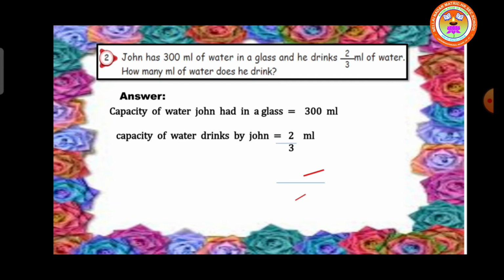Now we are going to find out how many ml of water John drinks. So 2 by 3 into 300 ml. See the cancellation, students. 3 ones are 3, 3 hundreds are 300. So the answer is 2 into 100, 200 ml. 200 ml of water John drinks. Is it clear?